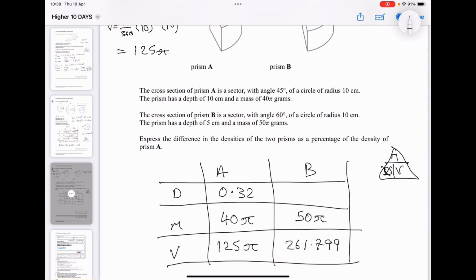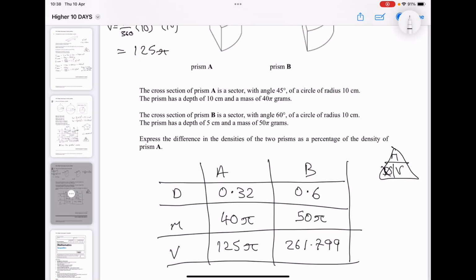And then I've got 50 pi divided by 261.799, which is basically 0.6 with lots of zeros, so I've just called it 0.6. So I've got all that now.